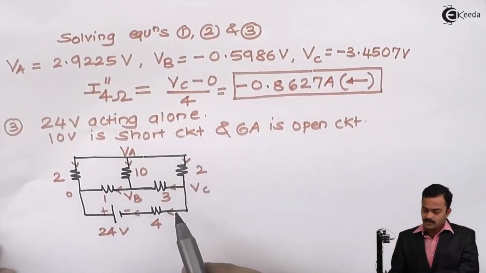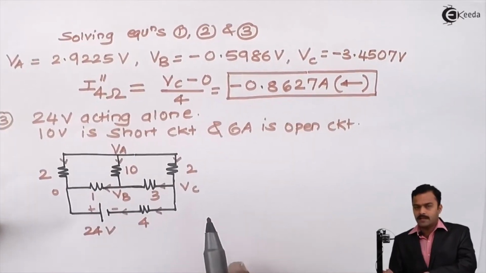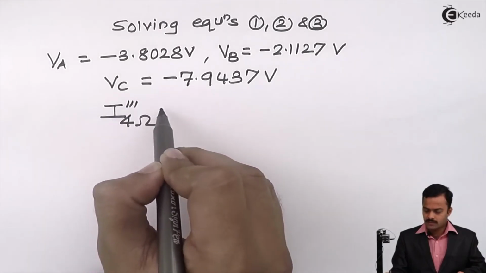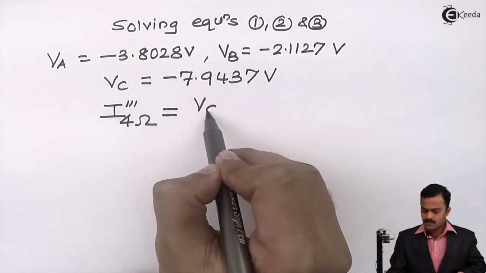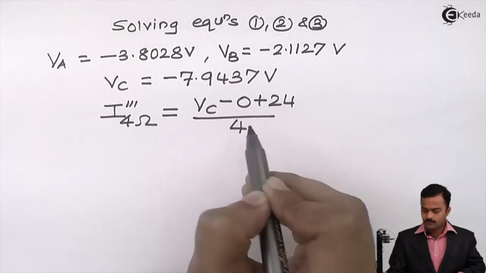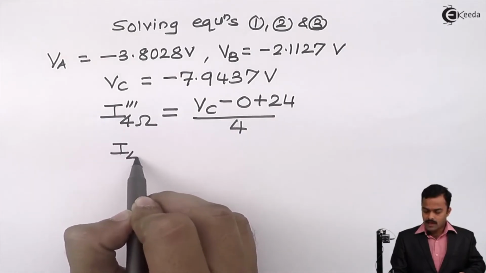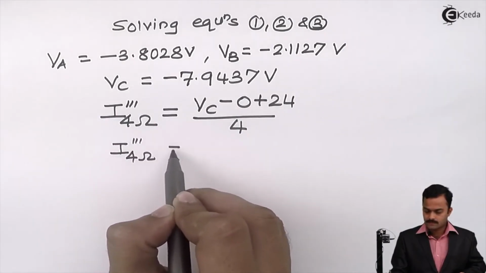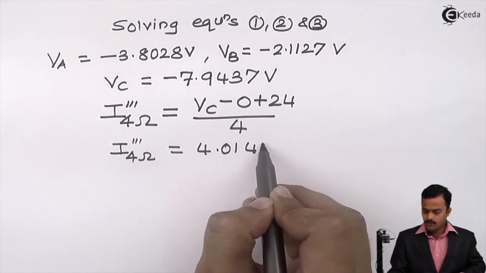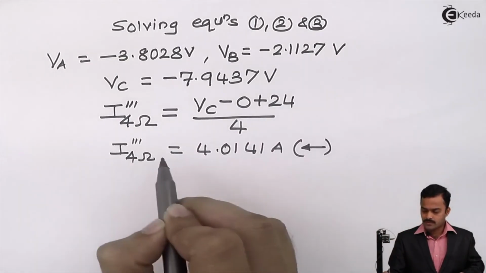So in this circuit, the equation for this current is VC minus 0 plus 24 divided by 4. So current flowing through 4 ohm resistance because of third source is VC minus 0 plus 24 divided by 4. If I substitute the value of VC, I will get I4 ohm triple dash as 4.0141 ampere. I will keep the direction same as the previous two cases.